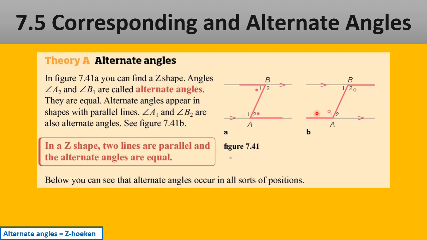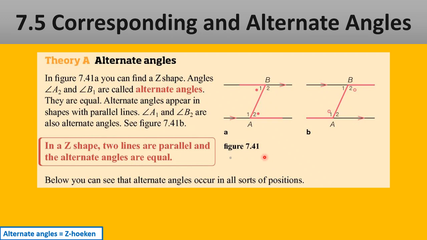You can see that, right? If you know that B1 and A2 are the same, I can calculate A1 here by using my theory of straight angles. And since I will find a value here, it will have the same value as this one, because this will also be 180 minus this. And this is 180 minus this. But those two angles are the same. So A1 is also equal to B2.